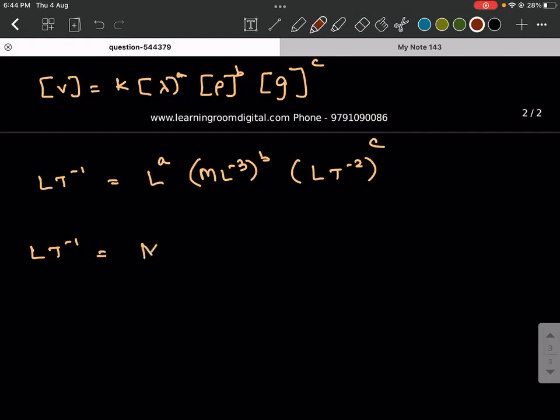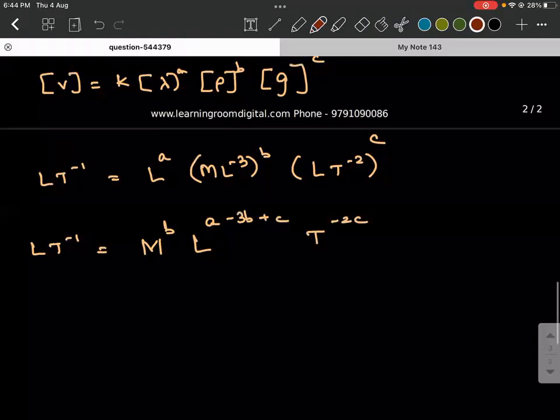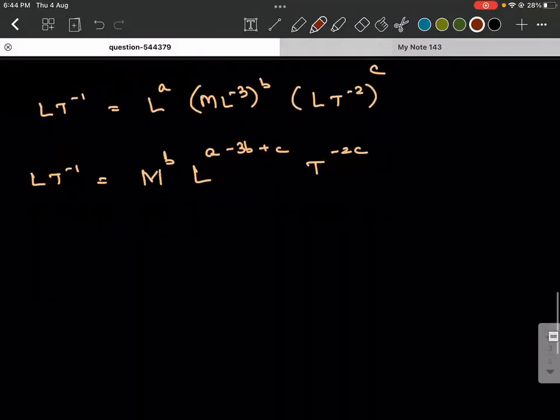L power A minus 3B plus C and T power minus 2C. So comparing both the sides, here it is M power 0, so B is 0.